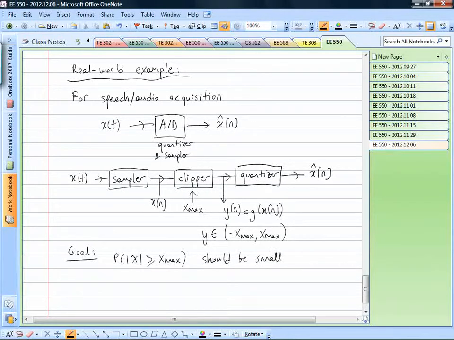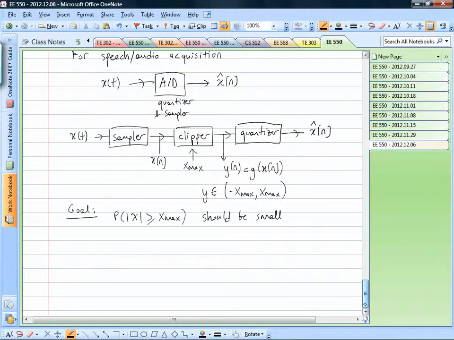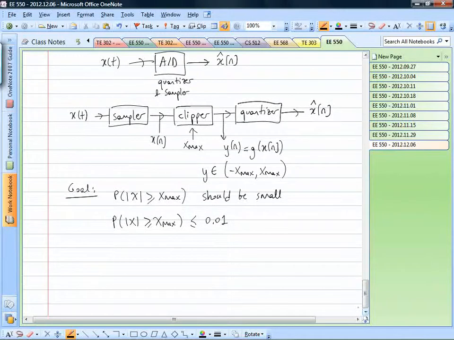Of course we don't know what we are going to get in terms of audio, but typically we can get a distribution for the audio that we will receive, and then we need to minimize the probability of having values higher than x max. Let's say I want this probability to be less than or equal to 0.01, so only less than 1%, so that it will cause less distortion in the quantized signal.